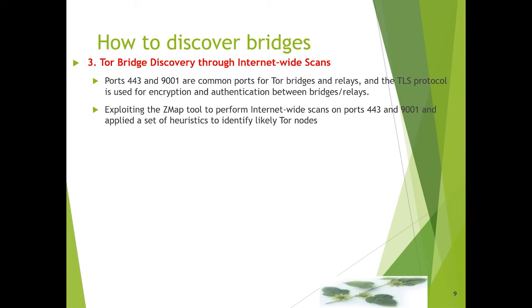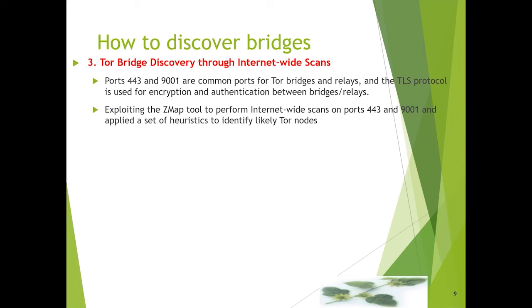Durumeric exploited the ZMap tool to perform Internet-wide scans on ports 443 and 901 and applied a set of heuristics to identify likely Tor nodes.